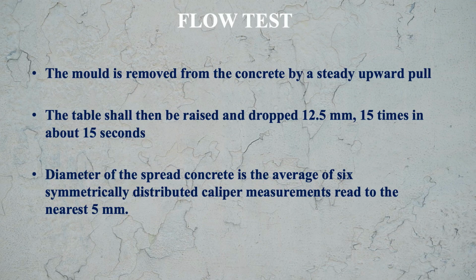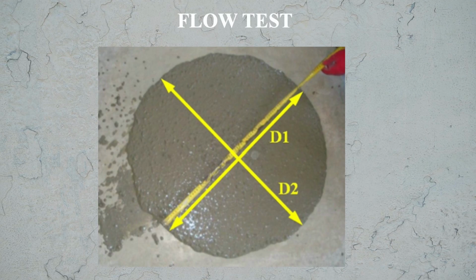So the diameter of the spread concrete is the average of 6 symmetrically distributed caliper measurements read to the nearest 5 mm. It means you have to measure the diameter of the spread of the concrete in 6 symmetrically distributed directions.